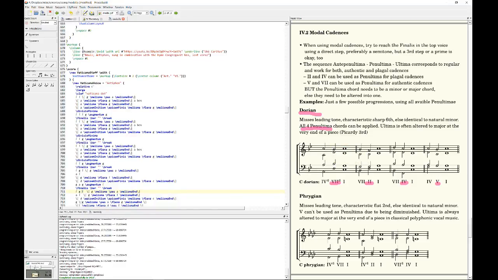Next one is a plagal cadence going from 2. Next one is a plagal cadence going from the 4th step. And here we don't have a step from the penultima to the ultima, but that's okay for a plagal cadence.